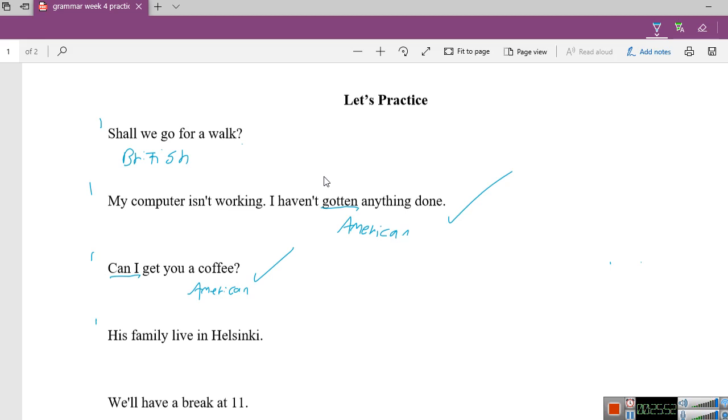American or British? American, very good. This one is kind of hard because family, we're using it as a single unit. So that's why we use the verb live, which is a singular verb.